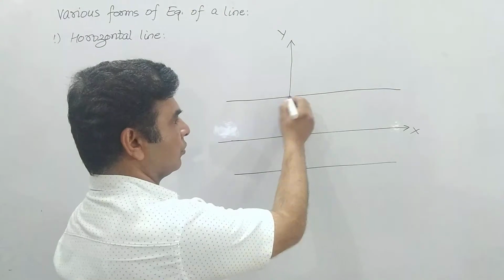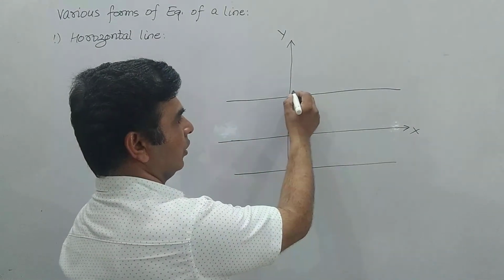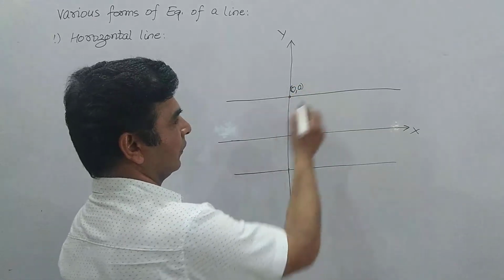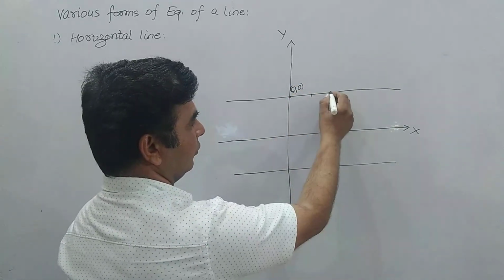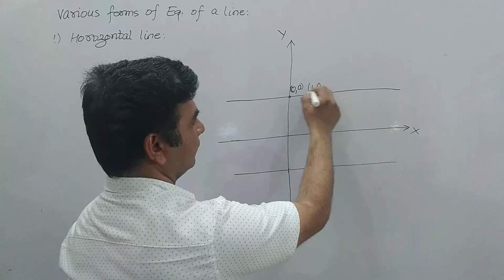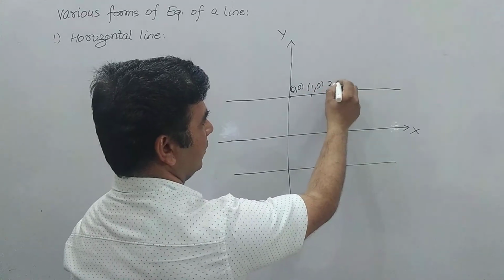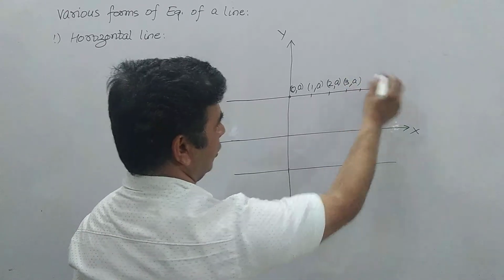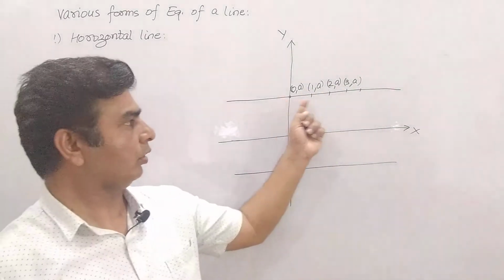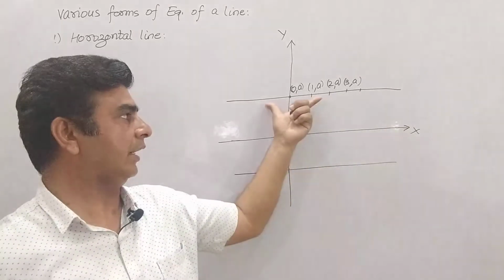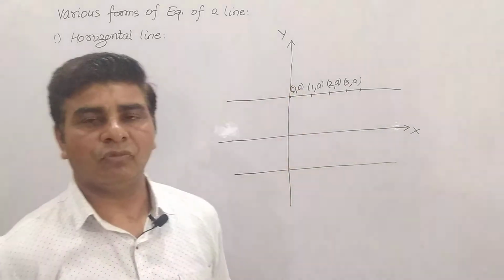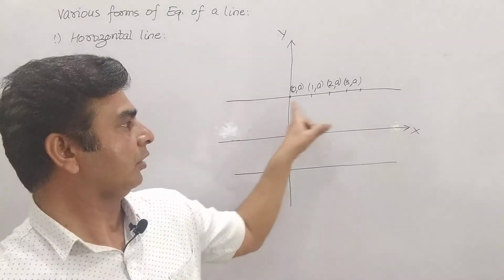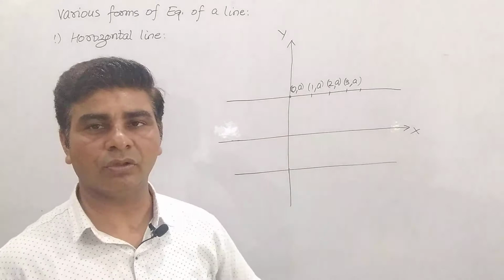One thing you should notice: if this point is A, considered as 0, A, then the next point will be 1, A, the next will be 2, A, the next 3, A, and so on. You can see all the points lying on this line will have the same y coordinate, whatever the point lying on the line.